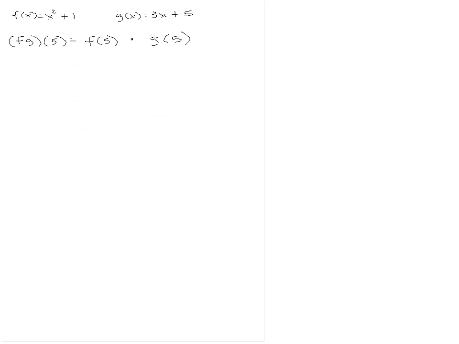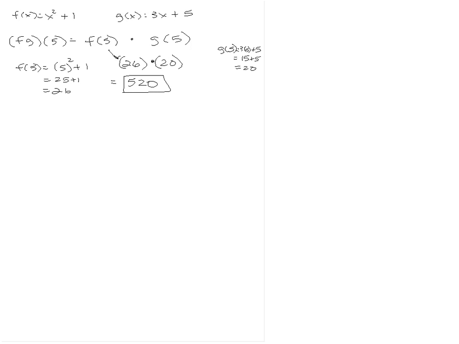So I find out what's f of 5 first. So that's wherever there's an x, I put a 5. So I get 25 plus 1, which is 26. Times, now g of 5, wherever there's an x, I put a 5. So I get 15 plus 5, which is 20. So 26 times 20, 520.